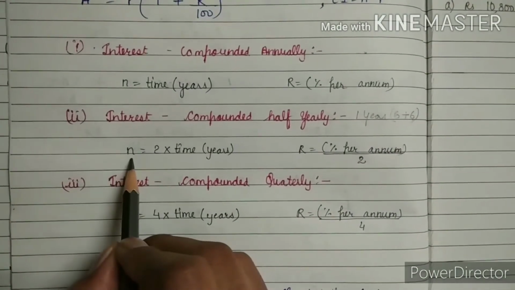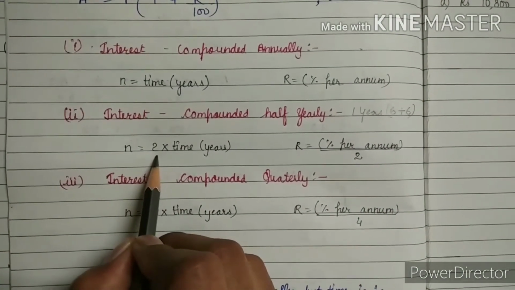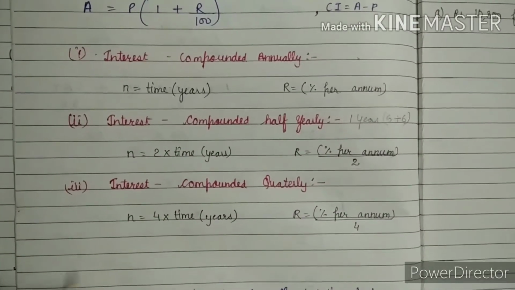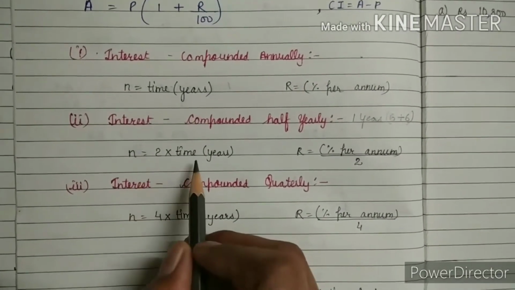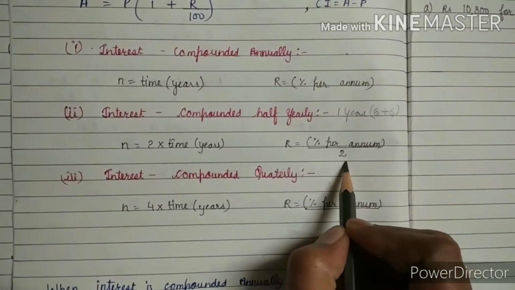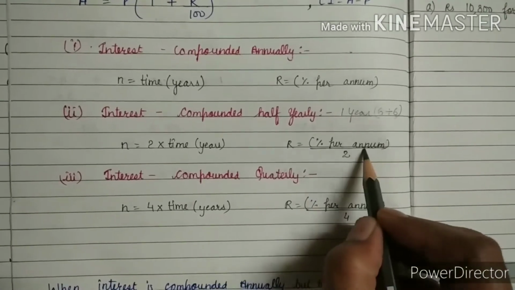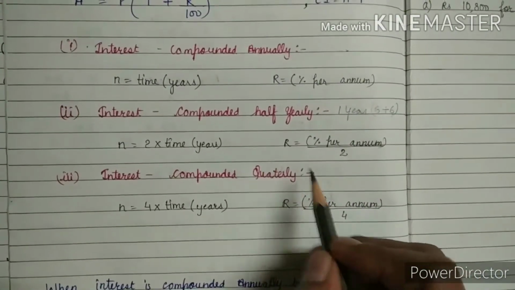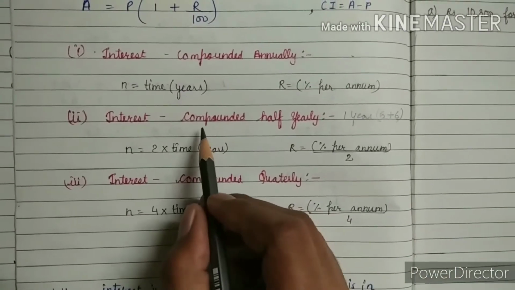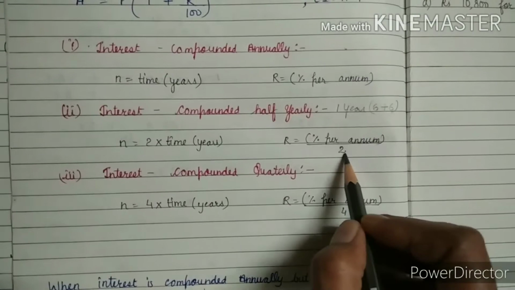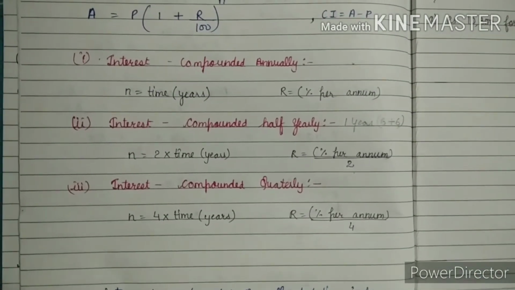That's why time is multiplied by 2 and rate is divided by 2, because the rate is given per annum, compared with the whole year. So since we take the interest compounded half yearly, we have to take the rate half.